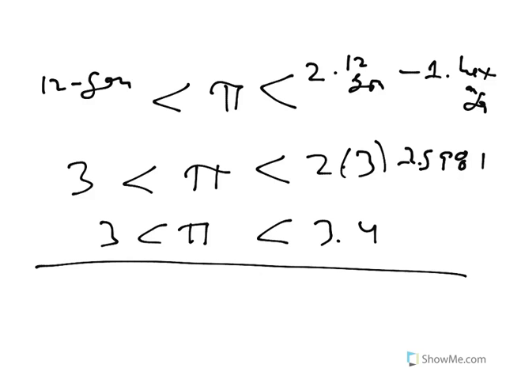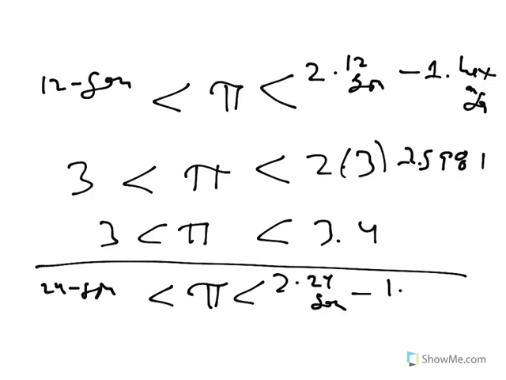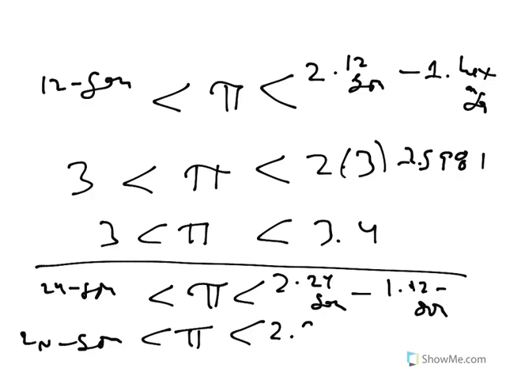In general, the rule is, if I were to do this again, somehow get the 24gon, I would then say that pi is bigger than the 24gon, but less than 2 times the 24gon minus 1 12gon. Or some people say, in general, it's bigger than a 2n-gon, but less than 2 times that same 2n-gon minus a regular n-gon.